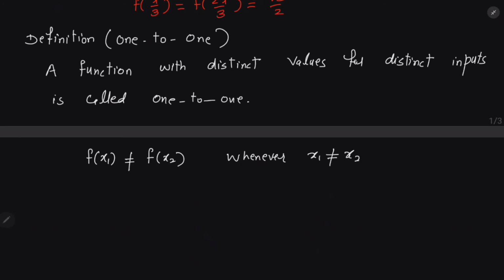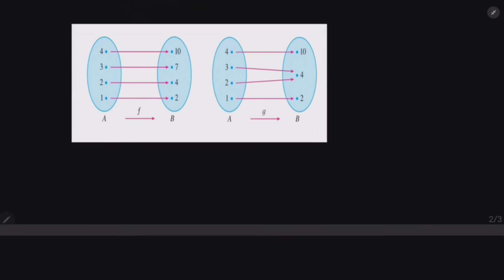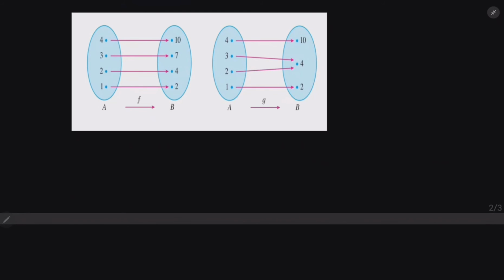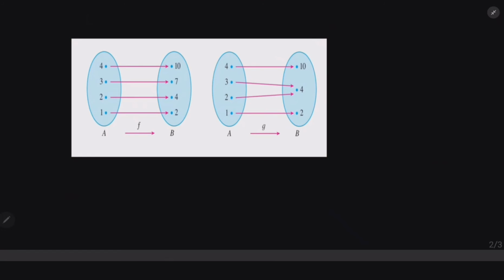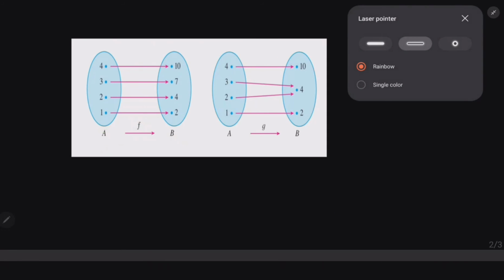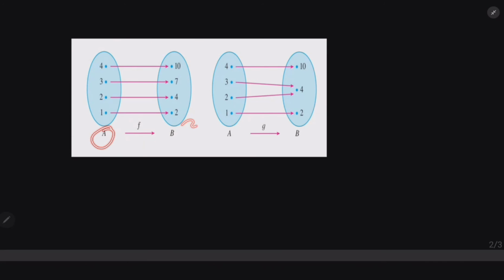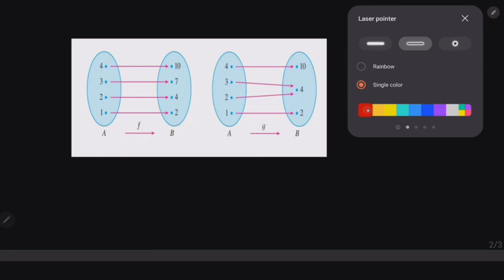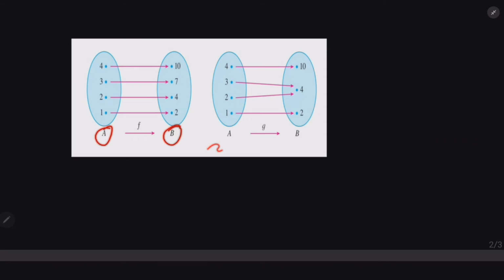Okay, let me show you some pictorial representation of one-to-one and not one-to-one functions. Here there is a function, for example, and this is one set, set A, and this is set B. Each value in set A corresponds to one value in B. For 4 it reaches 10, for 3 it reaches 7, for 2 it is 4, for 1 it is 2.